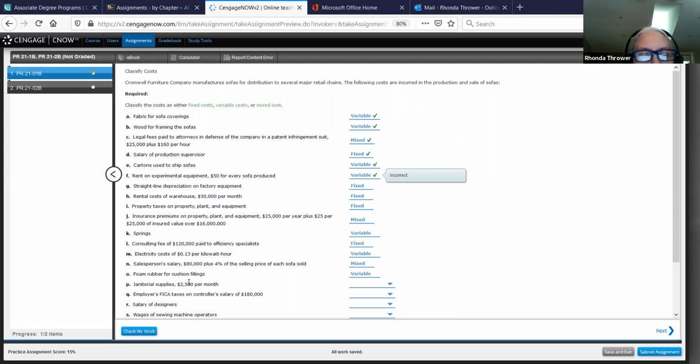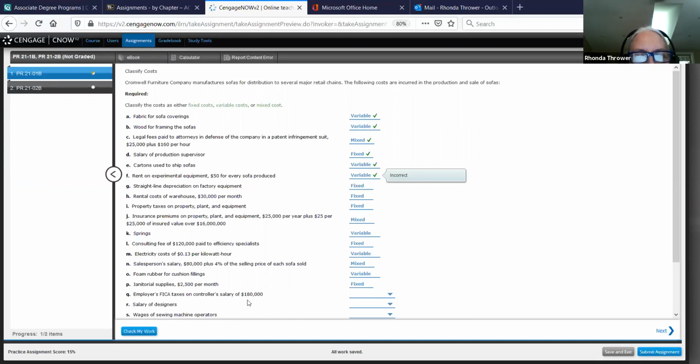Janitorial supplies are $2,500 per month. Now, be careful on this one. It's $2,500 per month. So that means that they're doing the same amount every month, and this is going to be a fixed cost. Employers' FICA taxes on the controller's salary of $180,000.